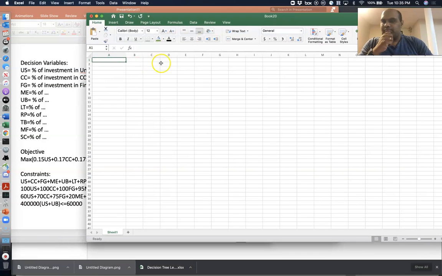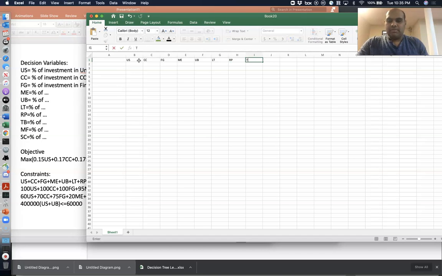We have Unidad Stocks, CC's Restaurant, First General REIT, Metropolitan Electric, Unidad Bonds, Louisville Transit, Realty Partners, T-bill account, a money market fund, and saver certificate. And I'm going to have the left hand side and the right hand side stuff.